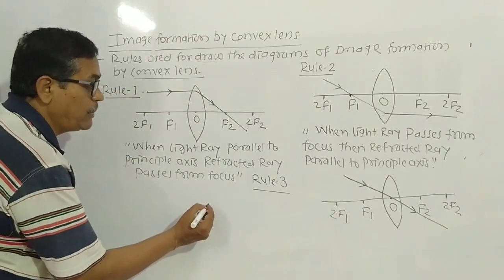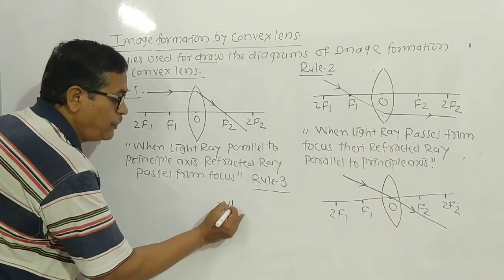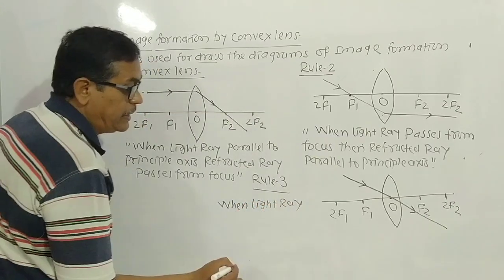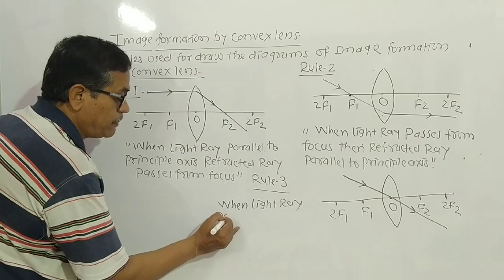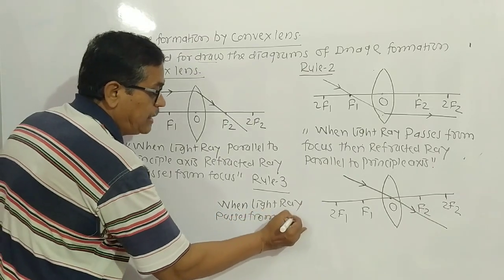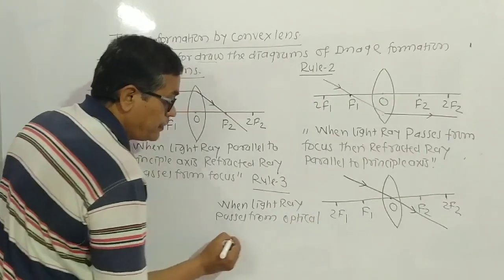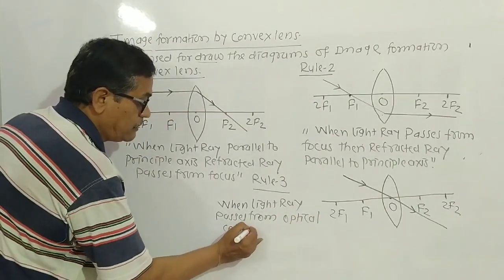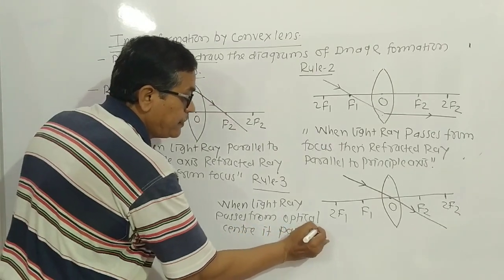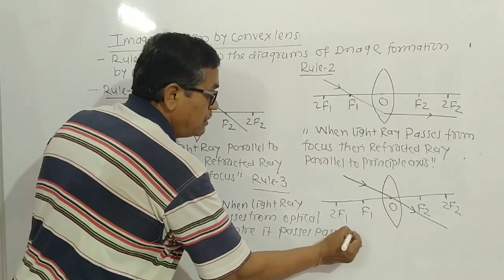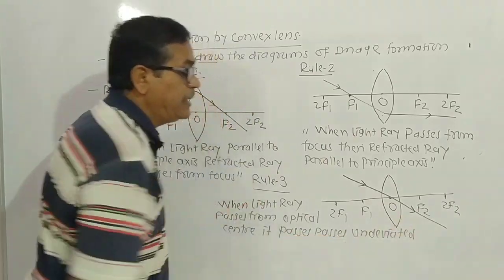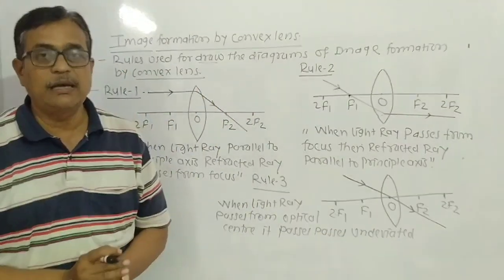Means in this way, rule number 3, when light ray passes from optical center, it passes undeviated. Undeviated means without changing the direction.